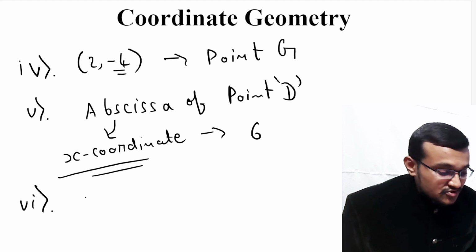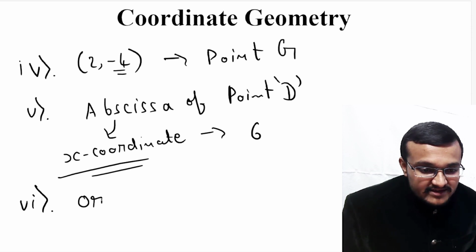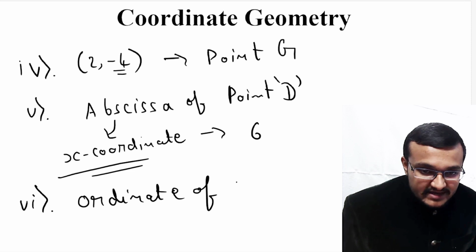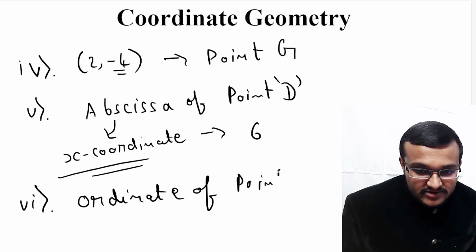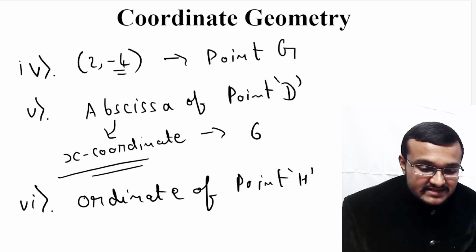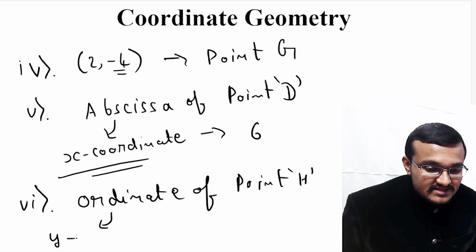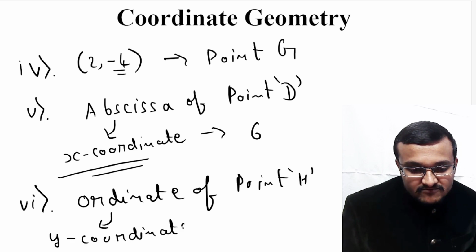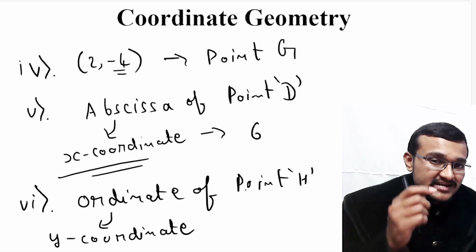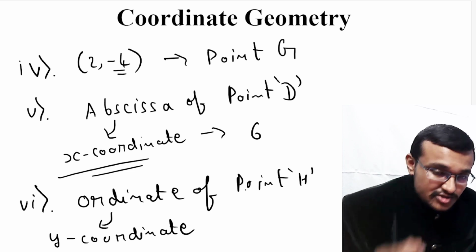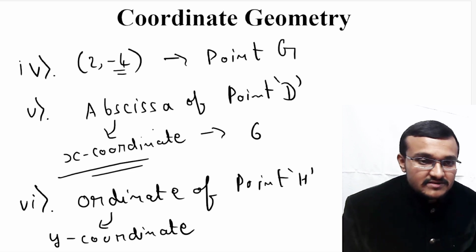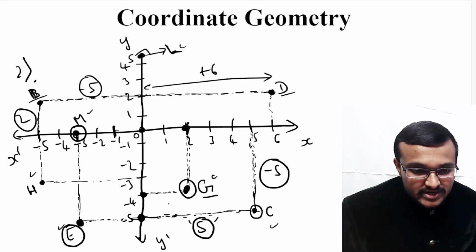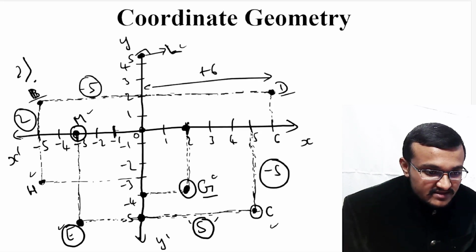Now coming to the sixth question, here you have to identify the ordinate of point H. Ordinate is nothing but the y coordinate. So now you have to find the y coordinate of point H. The y coordinate is the perpendicular line drawn to the x-axis from that particular point H. So let us identify point H. Point H is somewhere here.